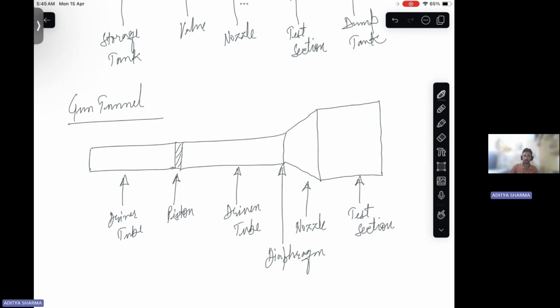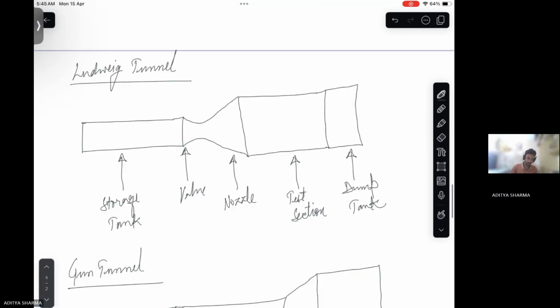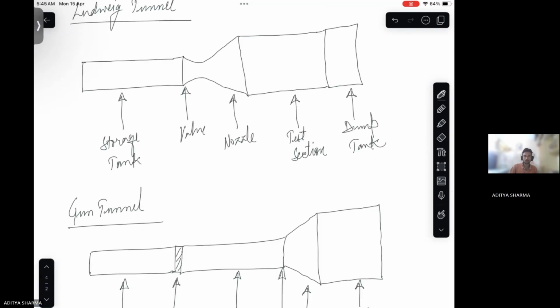After that, we have this diaphragm, and then a divergent nozzle, which opens into a test section. This setup is used for hypersonic flows.